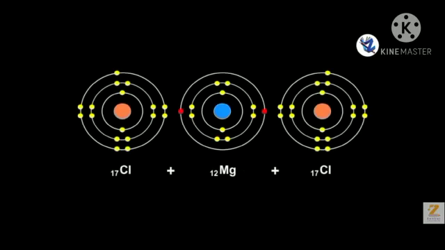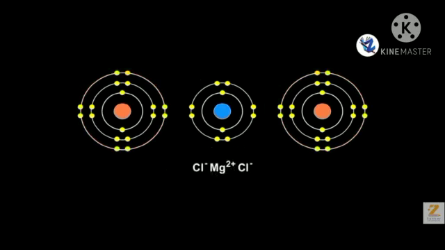So a magnesium ion with 2 positive charges is formed. It combines with 2 chlorine atoms and donates 1 electron to each of them. By receiving 1 electron from the magnesium atom, chloride ions are formed, and thus formation of an ionic bond in the magnesium chloride molecule takes place.